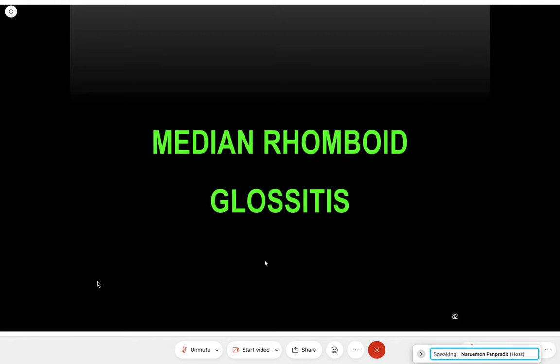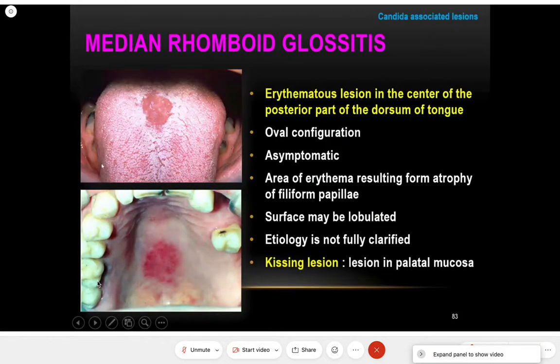Let's see together. From this picture, median means in the middle, and rhomboid is a diamond shape, sometimes oval or sometimes irregular shape as well, but it's in the middle, or median.